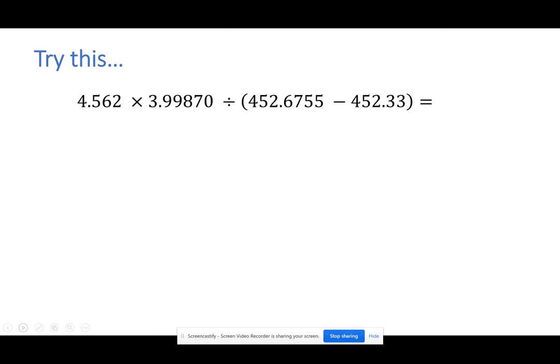To start this problem, we're going to start with the parentheses. So that's what PEMDAS tells us to do. So start here in the parentheses with the subtraction problem. With addition and subtraction, we're counting decimal places. So when I subtract these two numbers, I'll be limited to 2 decimal places.